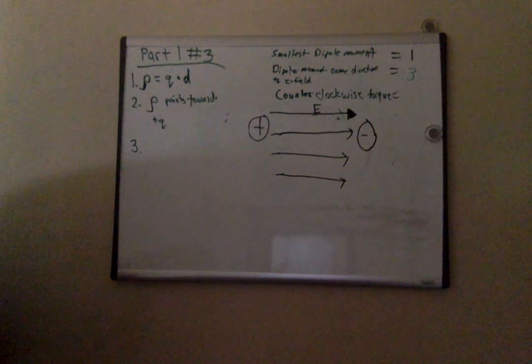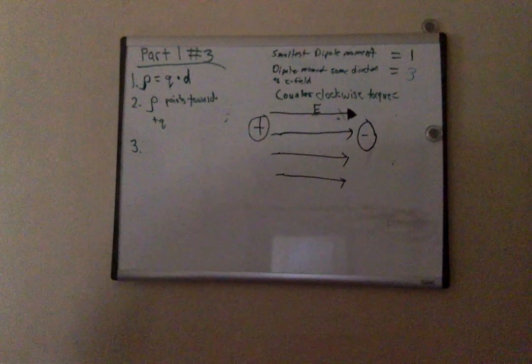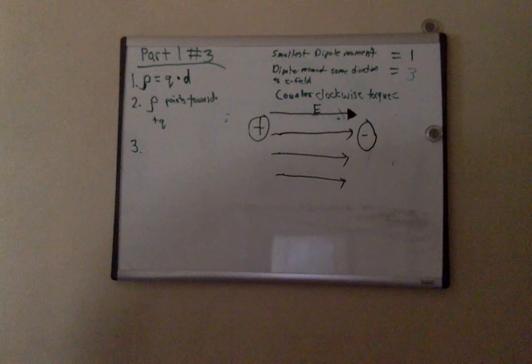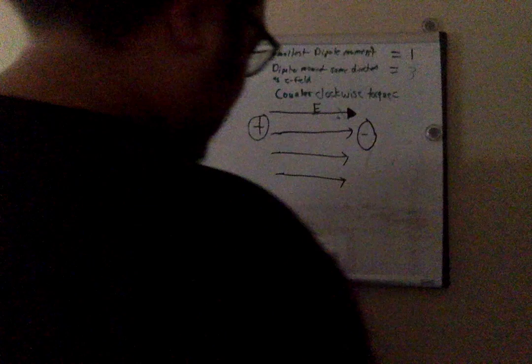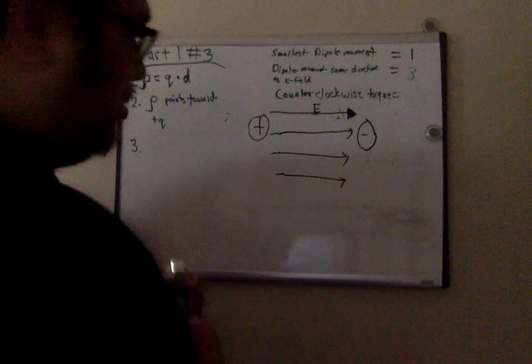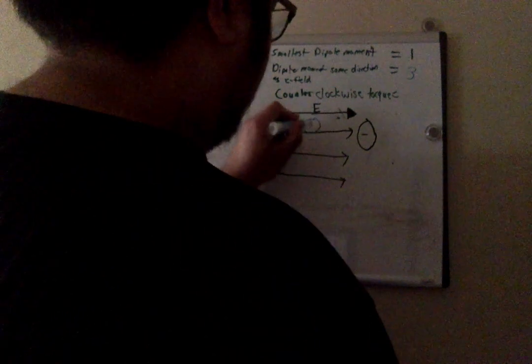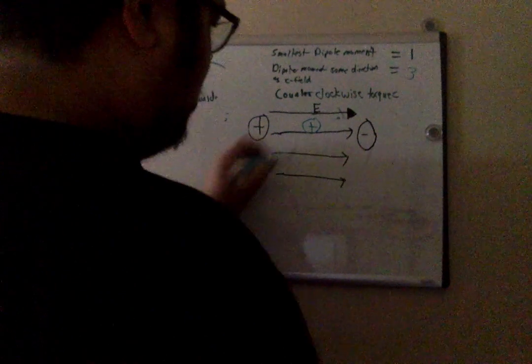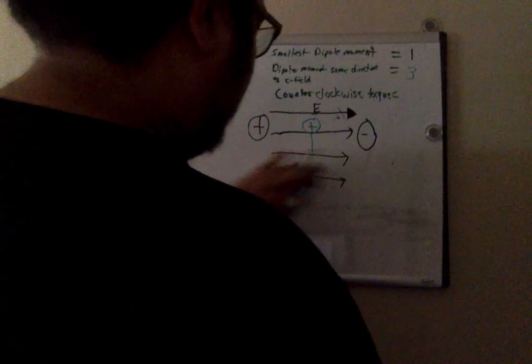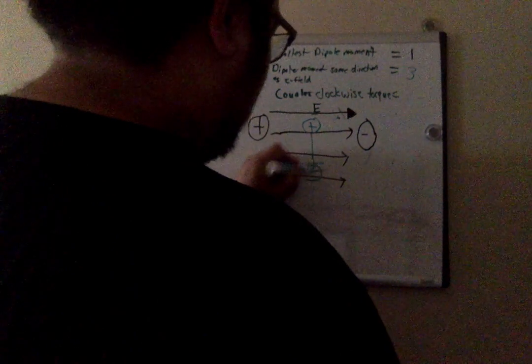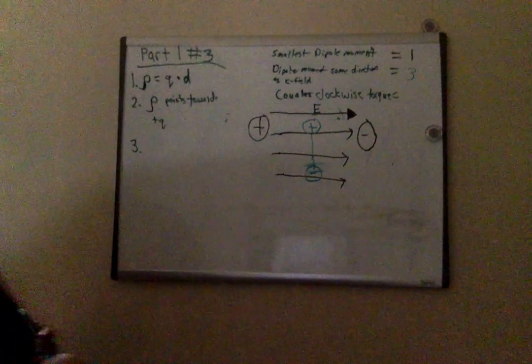So let's say we place number 1 in this electric field. Number 1 has a positive Q, and let's put the negative charge at the other end of the dipole.